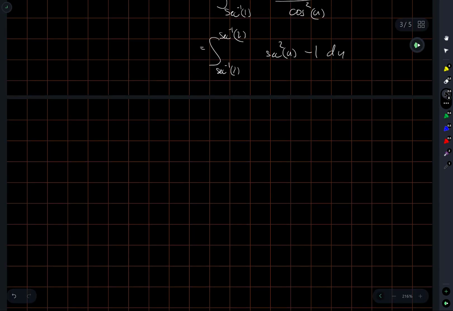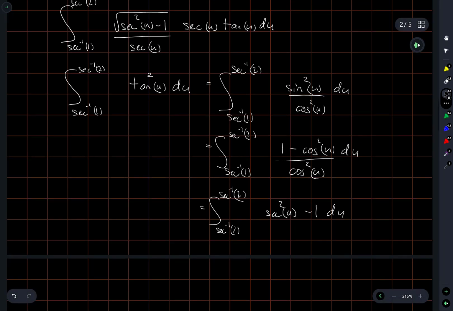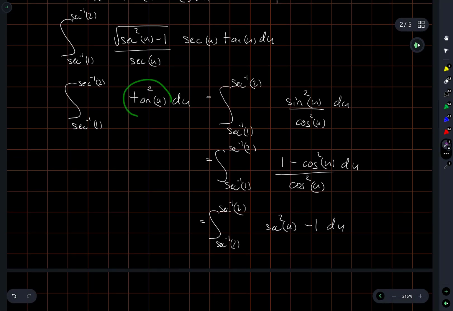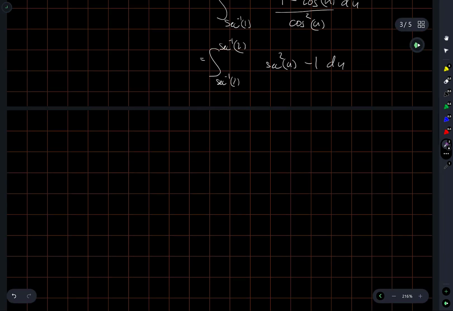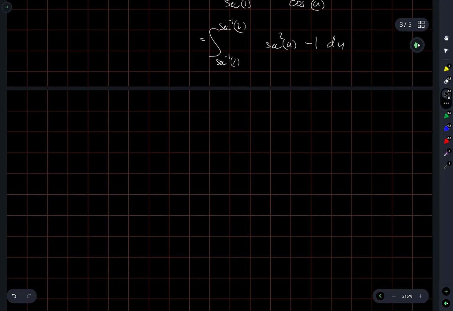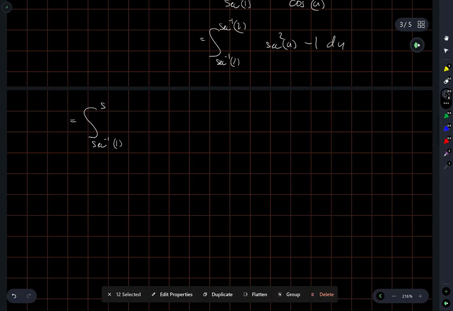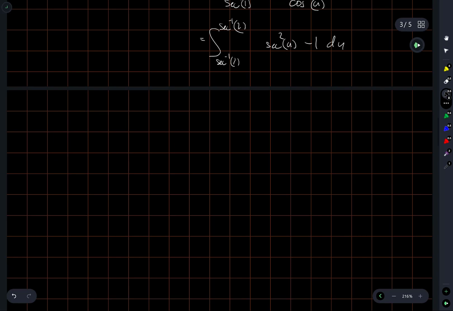Okay. Of course. Tan squared is secant squared minus 1. And we know the antiderivative of secant squared. The antiderivative of secant squared is tan.